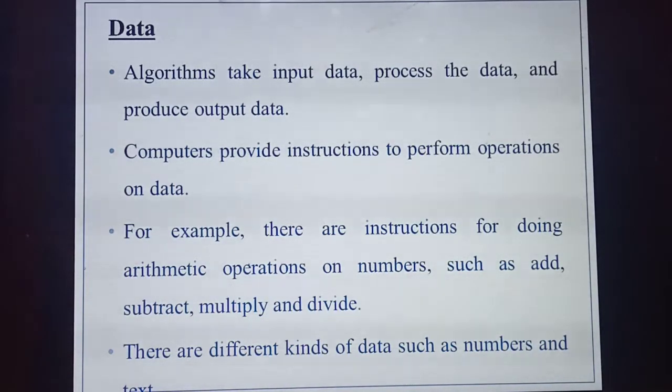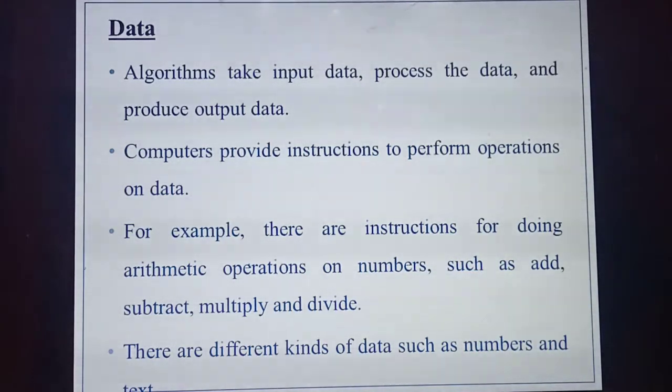A computer gives instructions to do a particular task. For example, if you are going to do some arithmetic calculations, what do you mean by arithmetic calculations? Addition, subtraction, multiplication, division. This and that we call arithmetic calculation, isn't it? If you need to do addition, which is the important data?